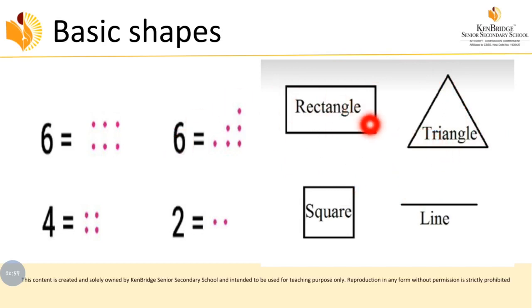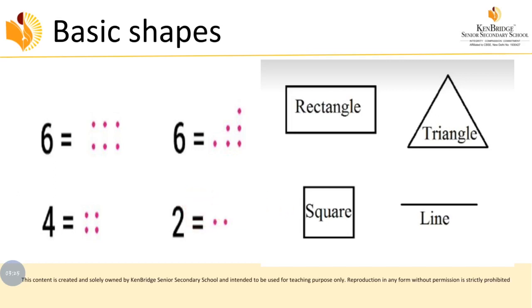Using these patterns. Patterns means, as we have already seen, numbers are represented as dots. It can be a dot, or else you can make a small circle. Here we have shown 6 as a rectangle as well as a triangle. This is a triangle and this is a rectangle. And here 4 is shown as a square and 2 is shown as a line.